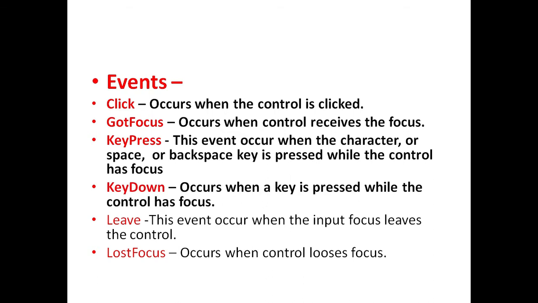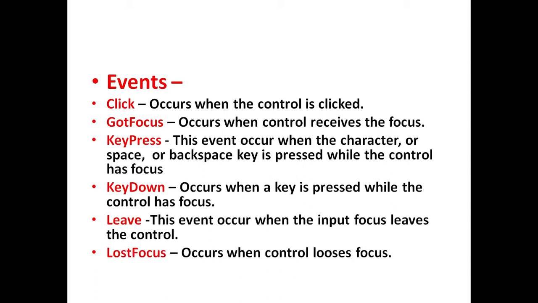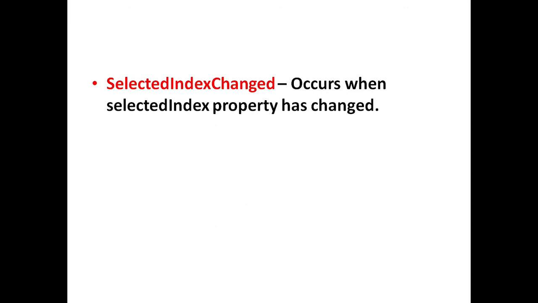The KeyDown event occurs when a key is pressed while the control has focus. The Leave event occurs when the control leaves the focus. The LostFocus event occurs when the control loses the focus. The SelectedIndexChanged event occurs when the SelectedIndex property is changed.